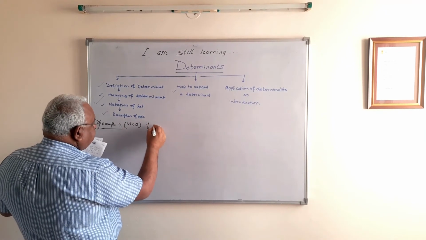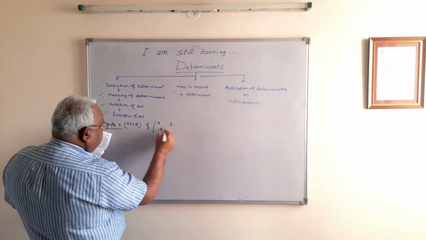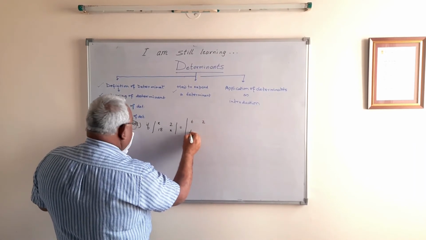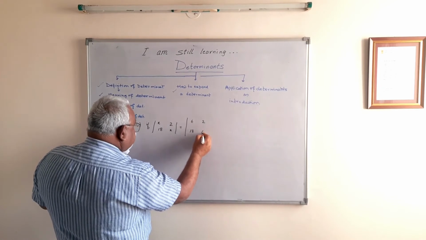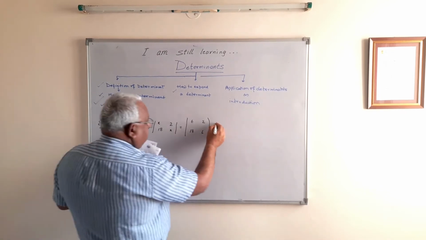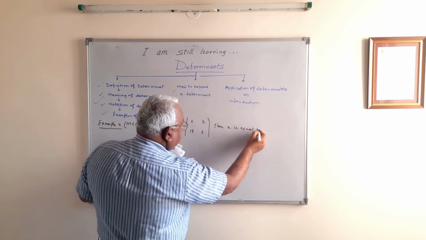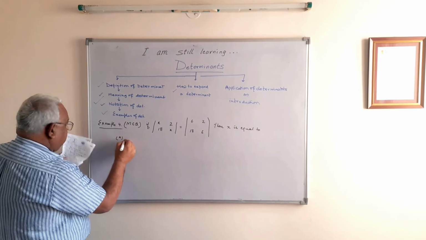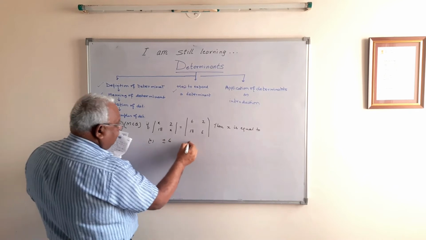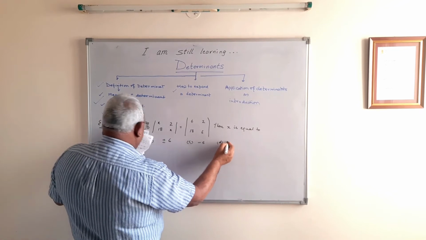If the determinant with rows x, 6 and 18, x is equal to the determinant with rows 6, 6 and 18, 6, then x is equal to: a) 6, b) plus minus 6, c) minus 6, and d) 0.